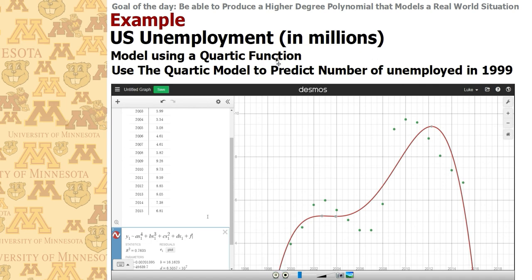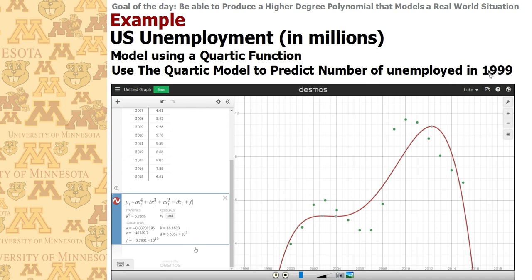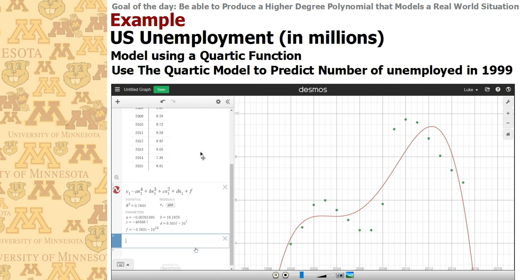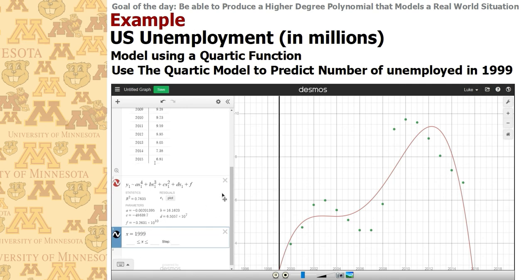And now it wants me to make a prediction of the unemployed in 1999. Again, it's giving me a year, which is an x value. So I'm going to plug the 1999 in for an x and see what the y is. So x equals 1999.